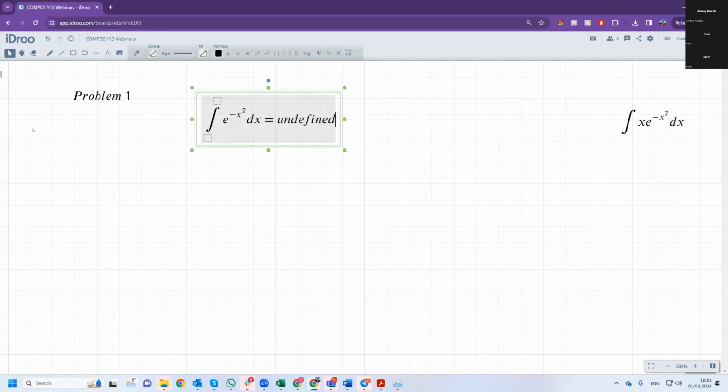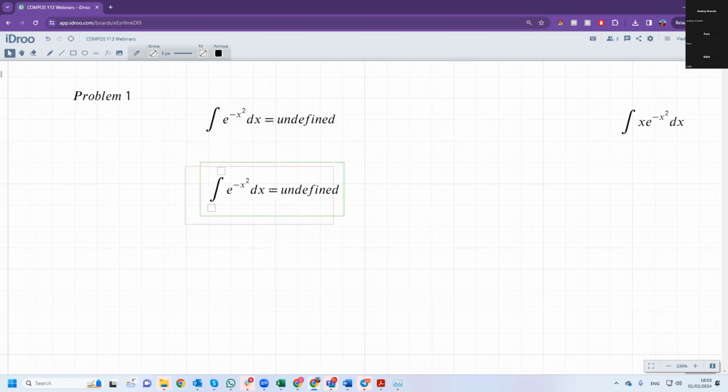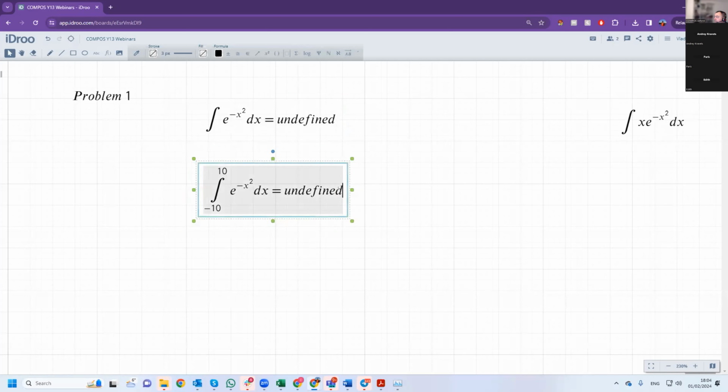However, if you take the same thing and say, I don't know, minus 10 to 10, intuitively, you might understand that it has to equal something.